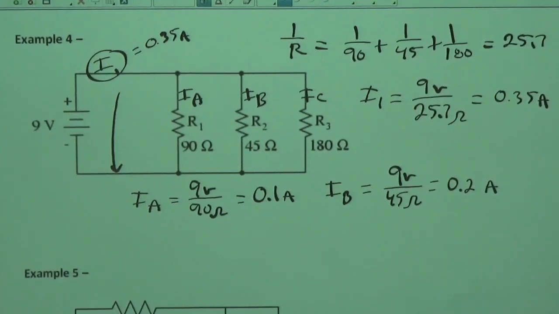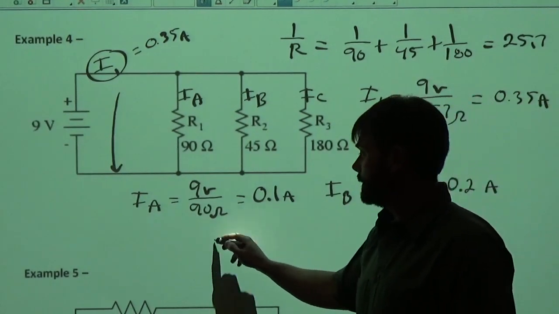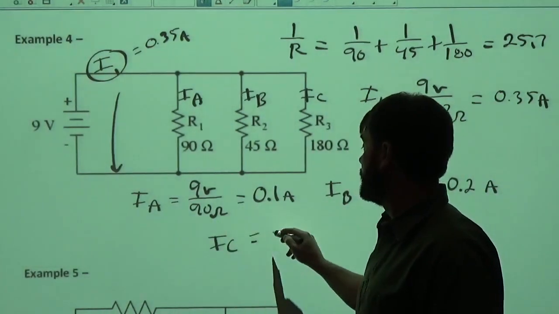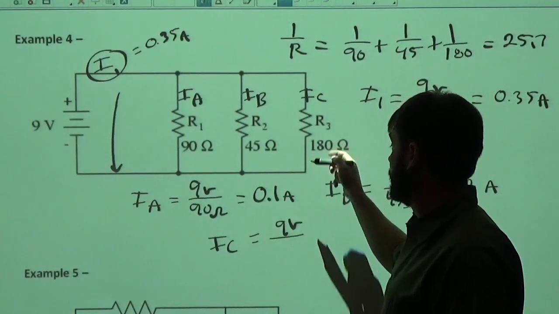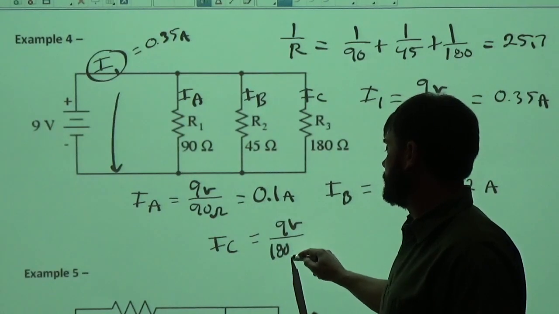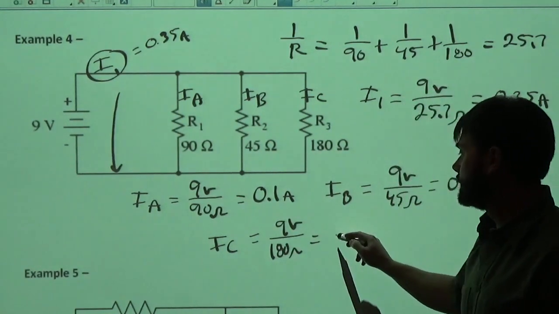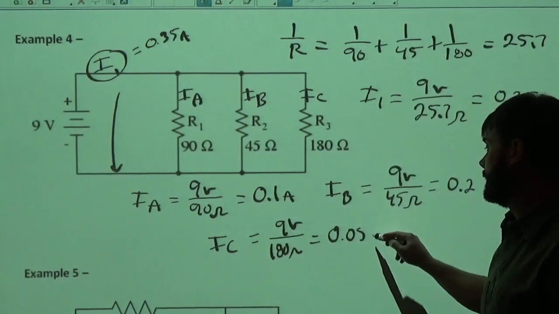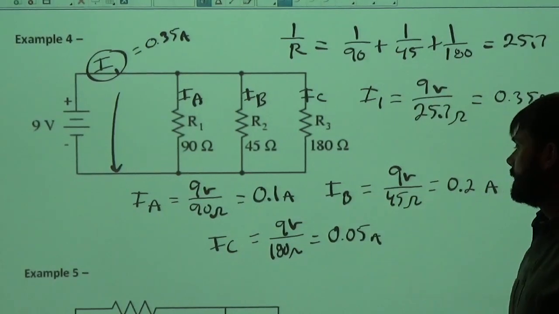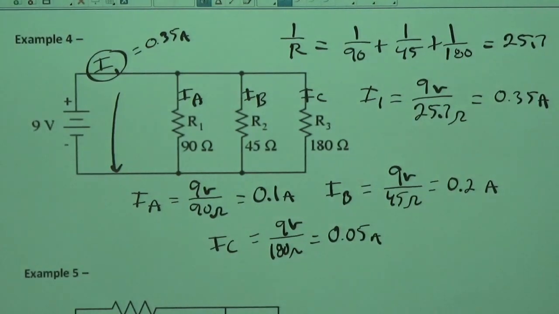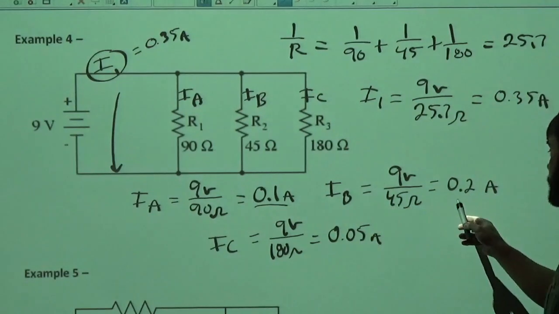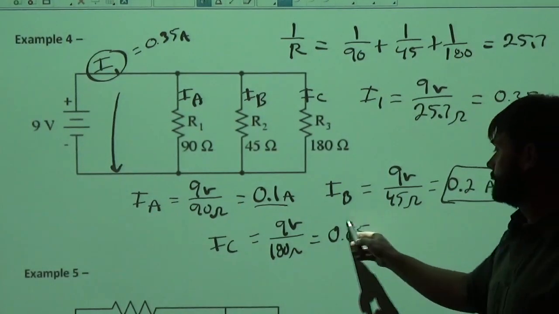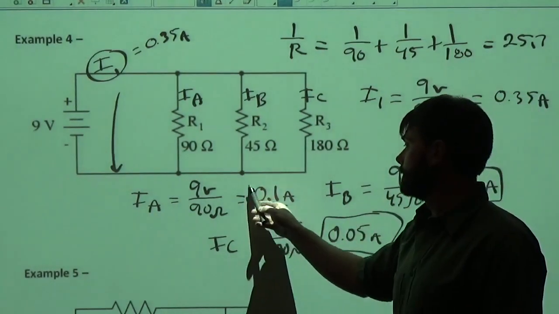So this is putting me at a total of 0.3 amps. And if I look at current C, I'm going to take the 9 volts and divide it by the 180 ohms, which is going to give me an even smaller current. This gives me 0.05 amps. If I look at all of these together, I got 0.1, 0.2, 0.05.